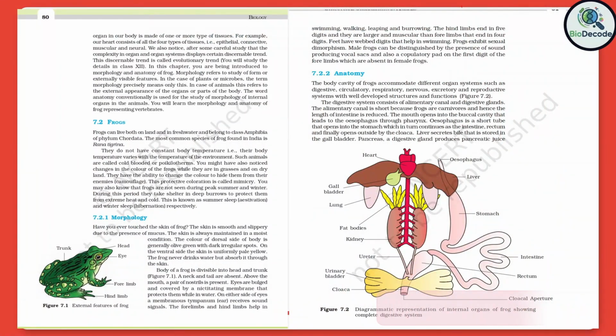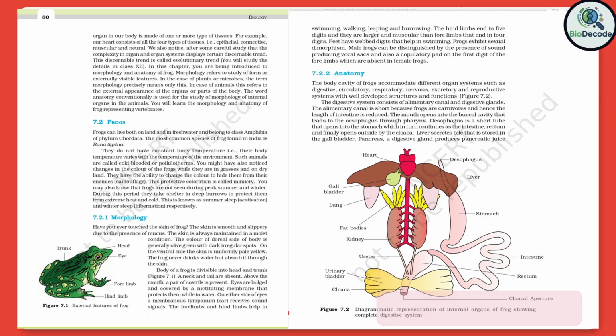Each organ in our body is made of 1 or more type of tissues. For example, our heart consists of all the 4 types of tissues, that is epithelial, connective, muscular, and neural. We also notice, after some careful study, that the complexity in organ and organ systems displays certain discernible trend. This discernible trend is called evolutionary trend. You will study the details in class 12th.